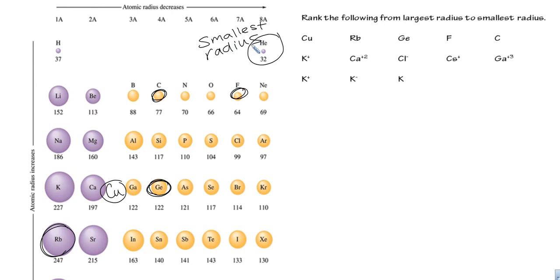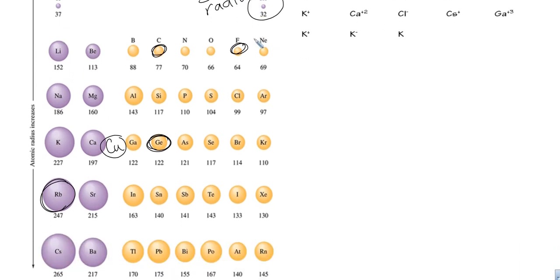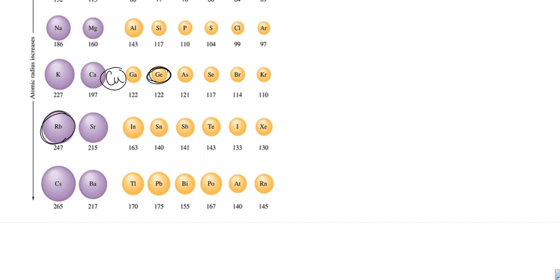Now, on the other end of the spectrum, technically they don't even list our boy francium, but let's just put a ghost francium in here, down at the bottom. Francium would have the largest radius.